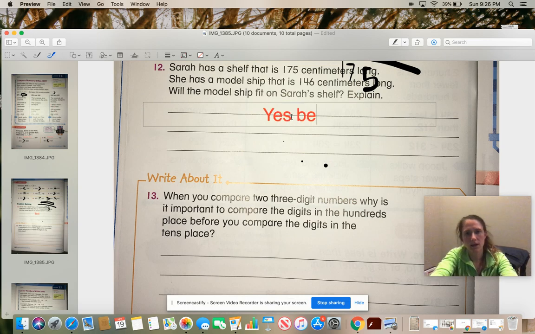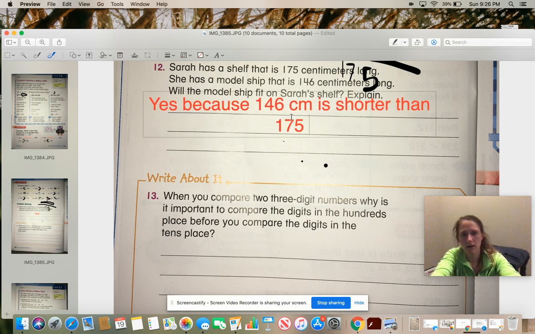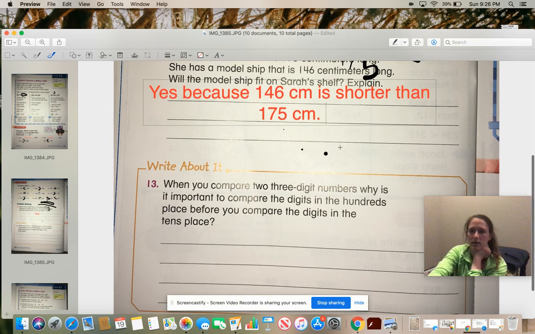Yes, because 146 centimeters is shorter than 175 centimeters. CM is the abbreviation for centimeters. So, will it fit? Yes, because 146 centimeters is shorter than 175 centimeters.